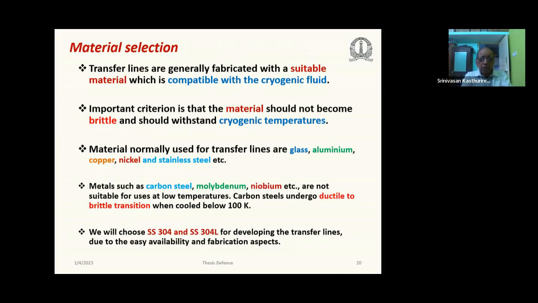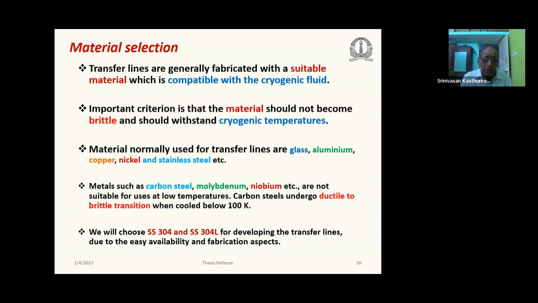Now, for the transfer line, let us start with the material selection. It is generally fabricated with a suitable material which is quite compatible with cryogenic fluids. Everything I am discussing is equally valid for a cryogenic system, and the transfer line is also a cryogenic system.